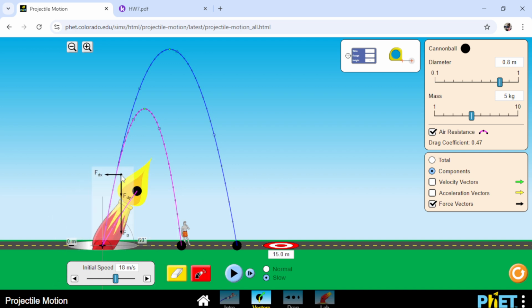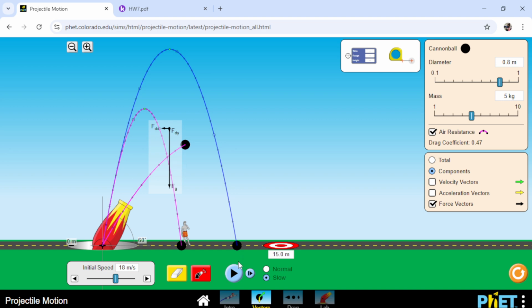Now as you see, we have a horizontal drag force which makes the horizontal velocity less, so it will decrease the horizontal velocity. This is why it will reach a shorter horizontal distance. And we also have a drag force downward which causes more deceleration, so it means we have less vertical velocity.